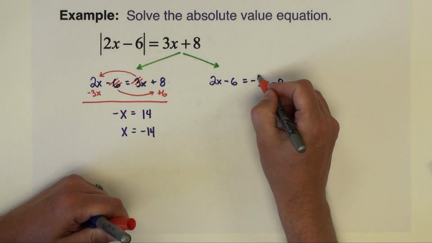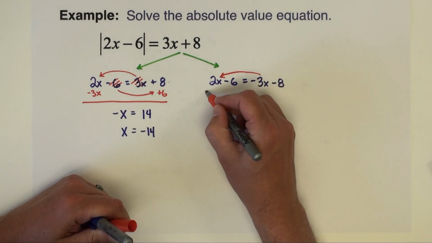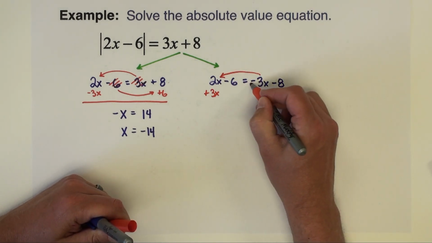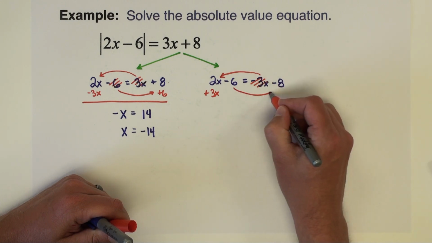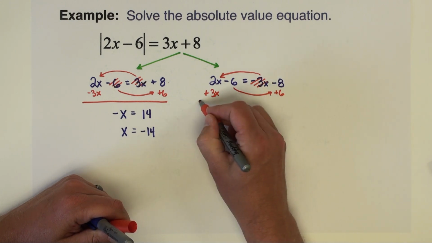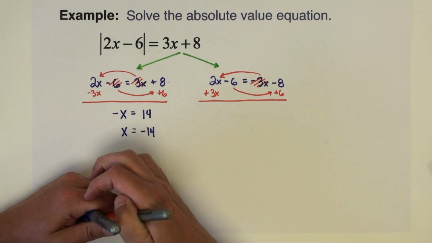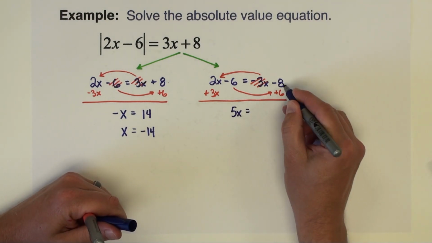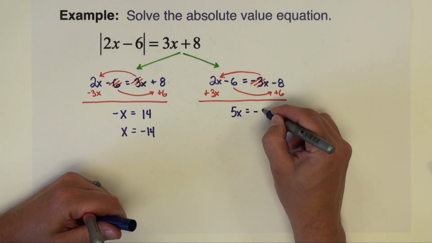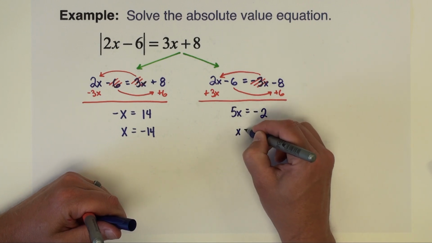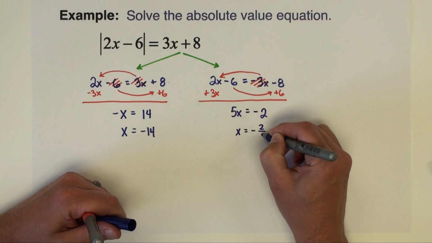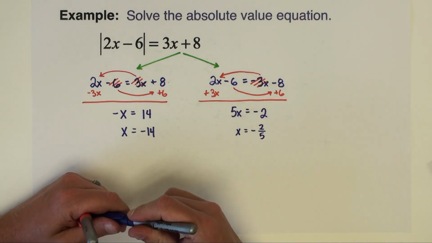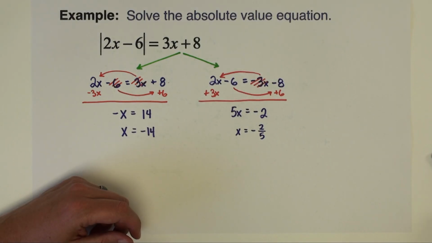And on this equation, we're going to have to add 3x and then add 6. So we get 5x equals negative 2. So x equals negative 2/5. All right, now we need to check our work.